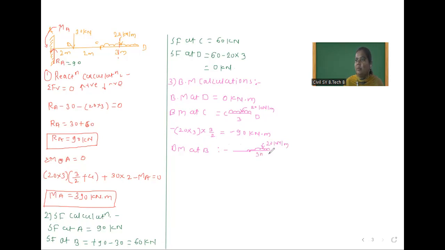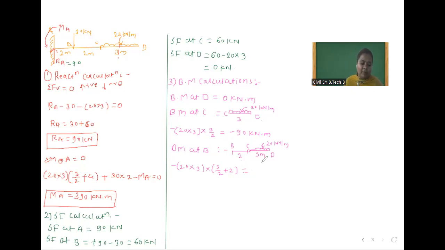This is 3 meter, this is B point, this is C point, and here we are calculating D. This distance is 2 meters. So this 20 kilonewton force pushes downward. That's why minus 20. First we will convert. Minus 20 into 3. After that, it will act at 3 by 2 plus 2. And at B point, force is there, but perpendicular distance is 0. That's why we will not consider it here.